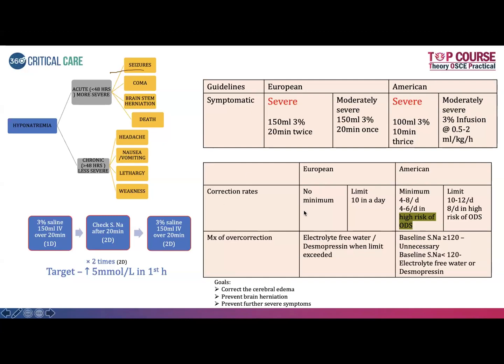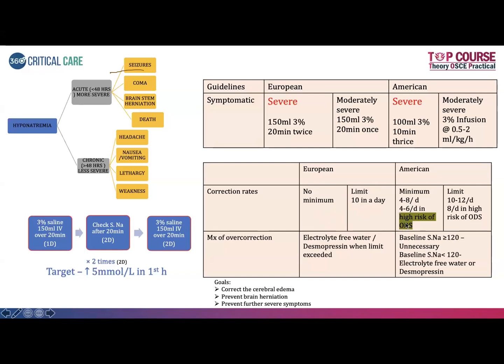So next, the correction rates. Over the next 24 hours, what should you aim at? In European, the correction rate for severe is not mentioned; a limit of 10 in a day is what is recommended. As per American, it's 8 to 6 in patients with high risk of osmotic demyelination.